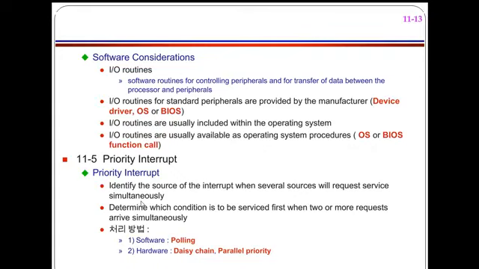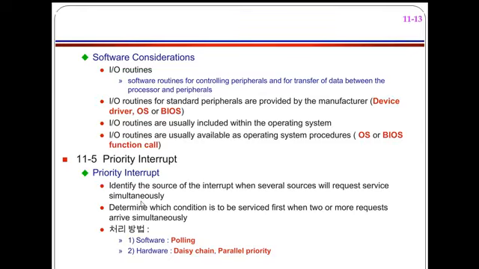Keyboard will get the lowest priority, mouse will get the next higher priority, and the highest priority will be the hard disk, the magnetic disk. Suppose the magnetic disk and the keyboard both interrupt the processor. Based upon the priority, the magnetic disk has the highest priority, so the processor will provide the first service to the magnetic disk.